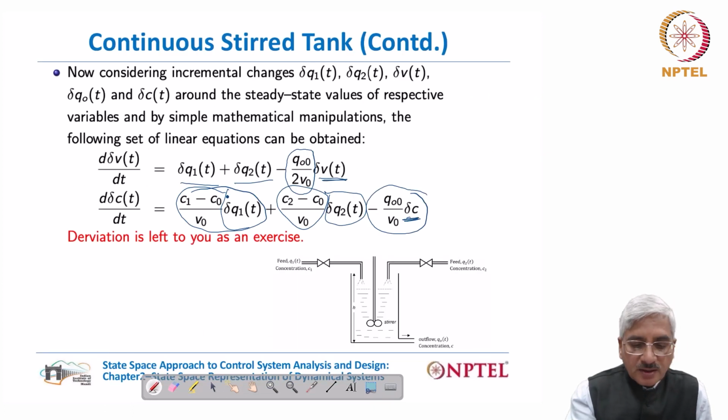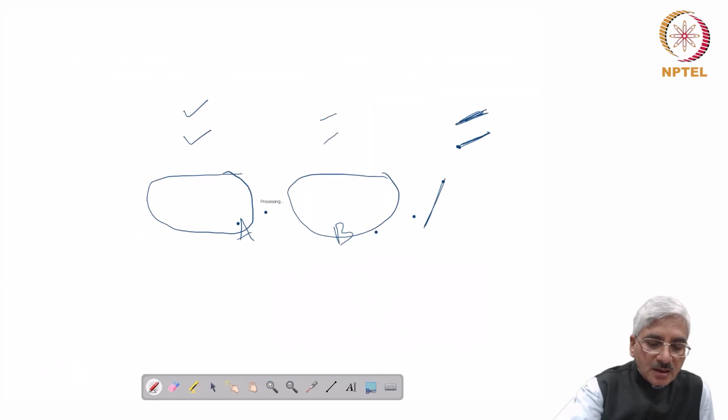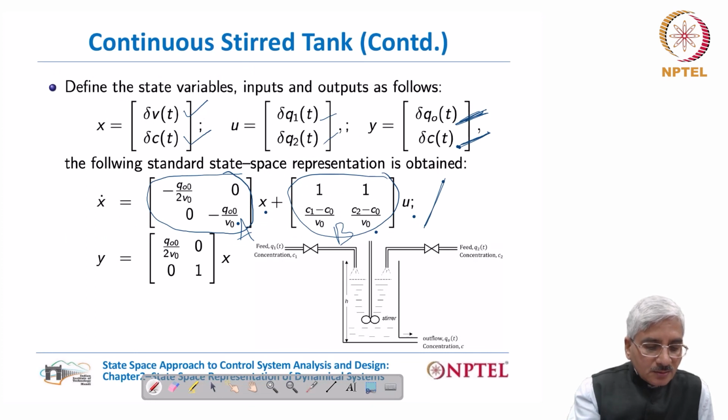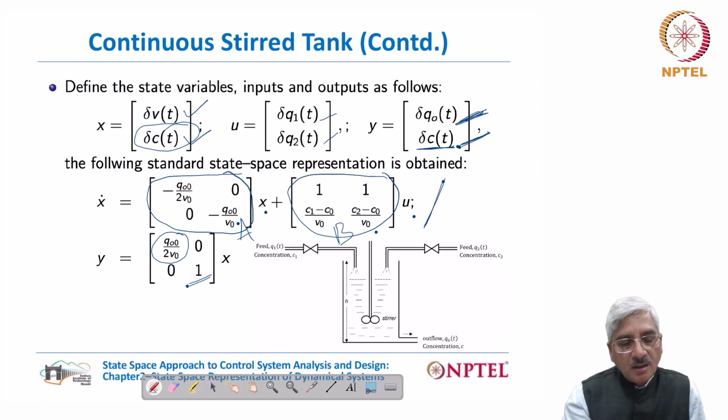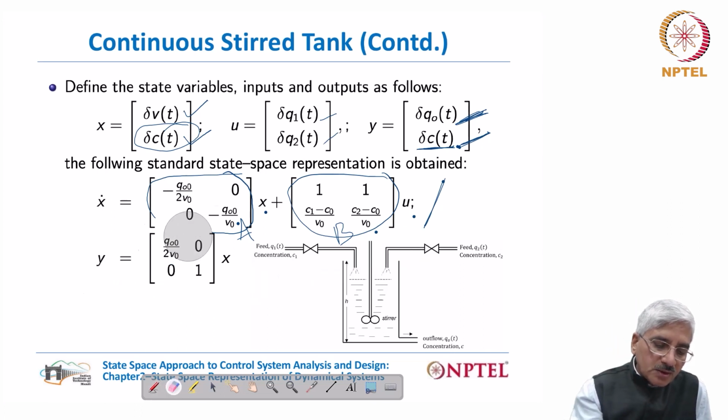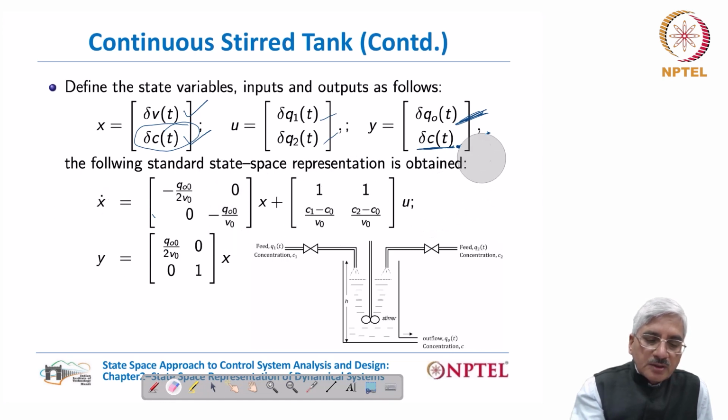I'm sorry, I'm not getting the expression here, but then delta Q0 is Q0 naught by 2V0 into x1. And the concentration delta C is the other output. So delta C is the second state itself here. So we get a 1 here. So here we get both the state and the output equations.